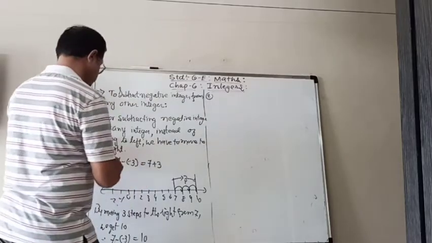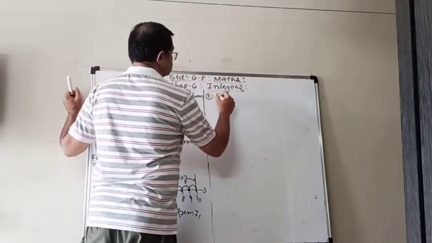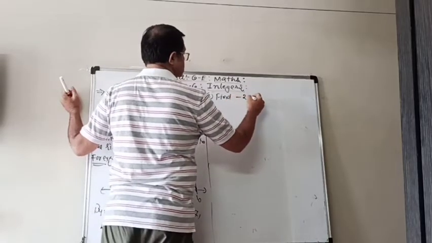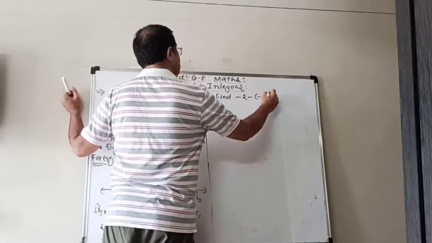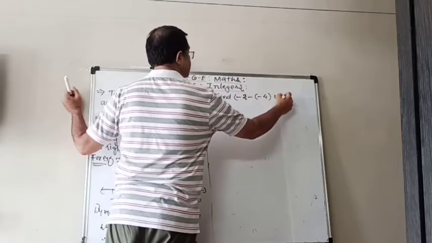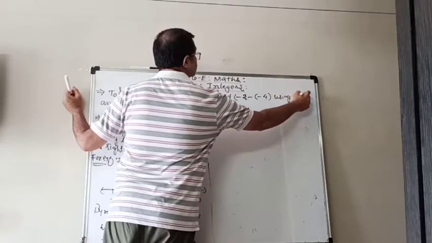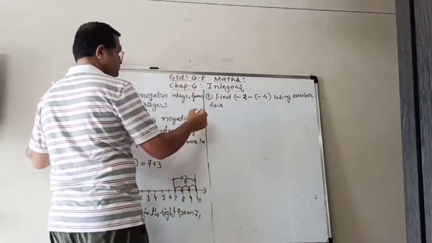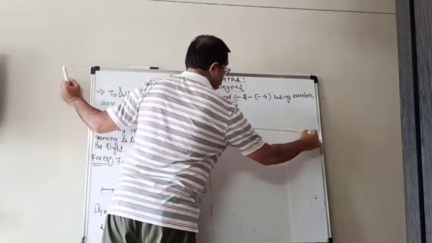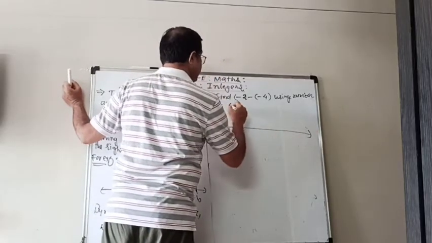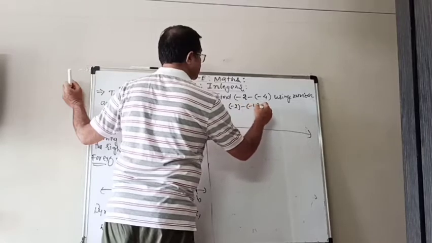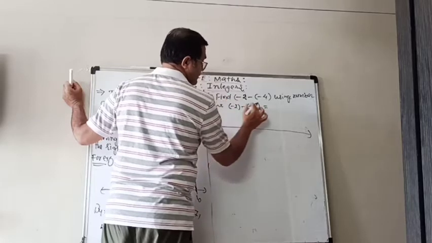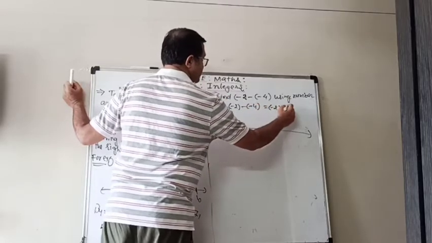Second, find minus 2 minus minus 4 using the number line. So here, minus 2 minus minus 4. As I told you, minus minus; nothing to do with the first number. But here it is minus 2 plus 4.